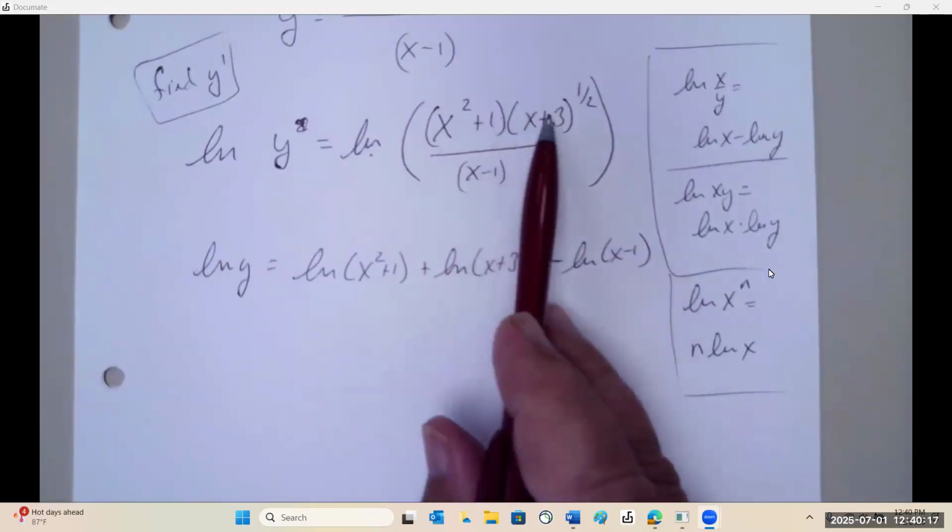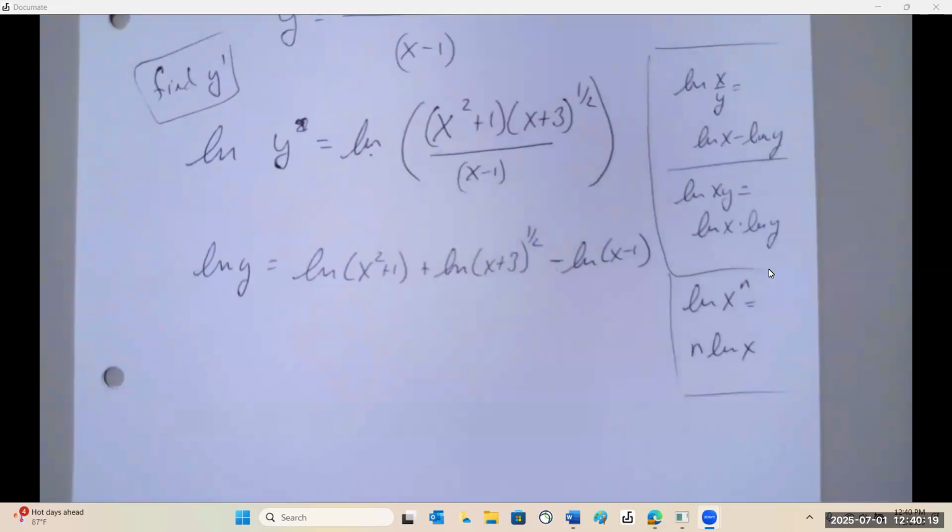If it's on top, it has a plus in front of it. Now we can take the derivative.